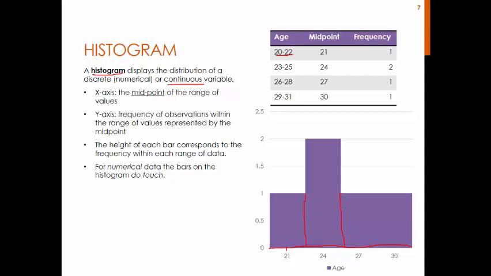So the midpoint of 20 to 22 is 21. The midpoint of 23 to 25 is 24. So those are the levels that you see here on the x-axis. And then each bar is centered over the midpoint at the height of the frequency.